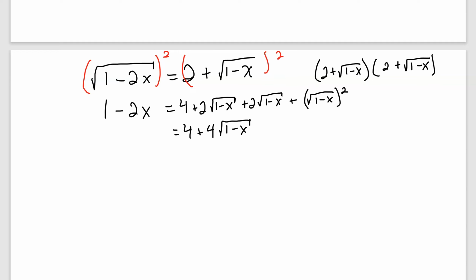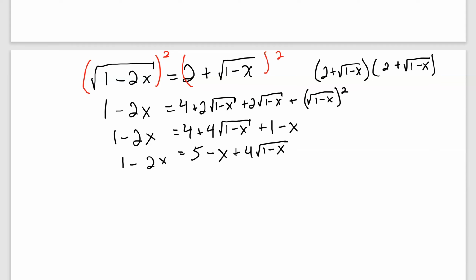This simplifies by the square and the square root canceling out. So that gives me plus 1 minus x. And so 4 plus 1 will give me 5. And I'm going to move that minus x to the front so that I don't get confused. Plus 4 times the square root of 1 minus x.